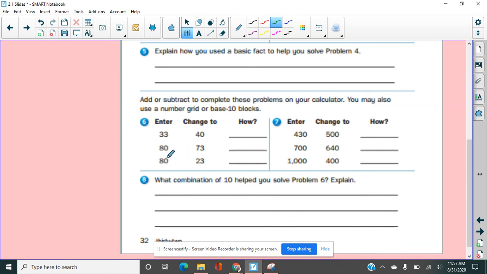Same thing here, if I start at 80, how would I get down to 23? So you can use a calculator to help you, but you're going to be writing what did you add or subtract to get there on number 6 and number 7. And on number 8, you are going to explain what you did in problem number 6.